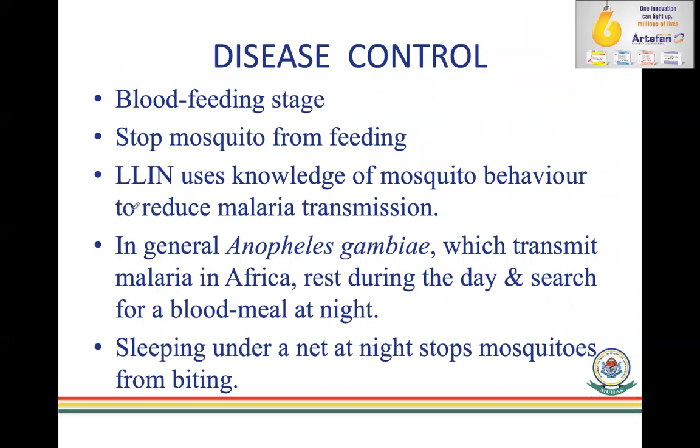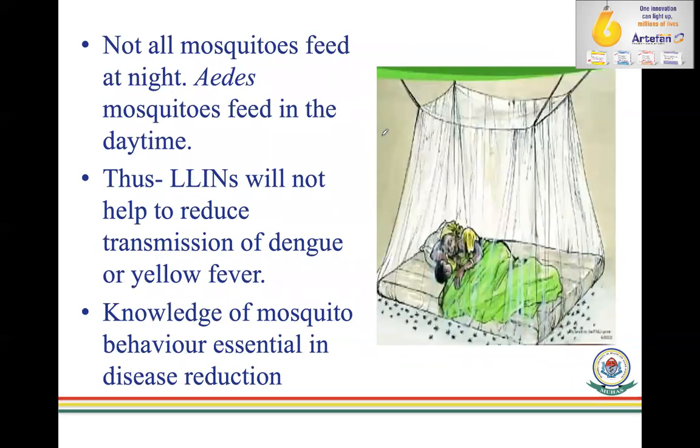And of course, you can't ignore that there's resistance development in the mosquitoes against long-lasting insecticide-treated nets. The malaria mosquitoes tend to develop resistance towards these insecticides.